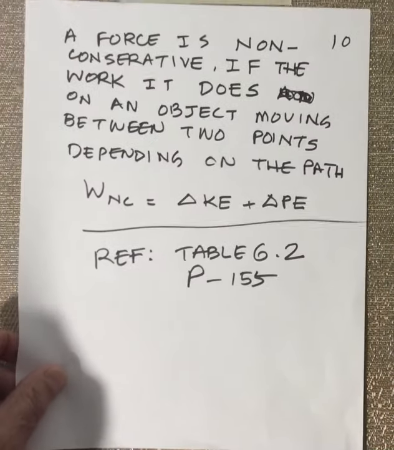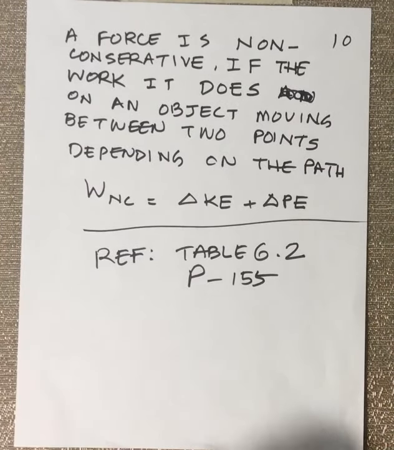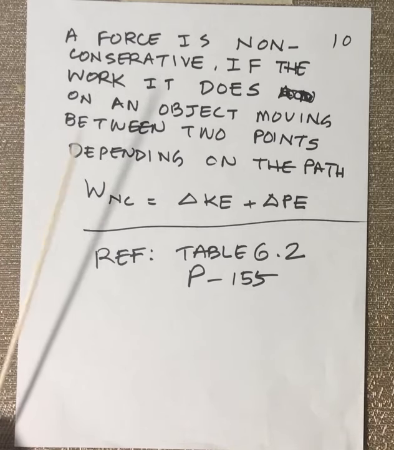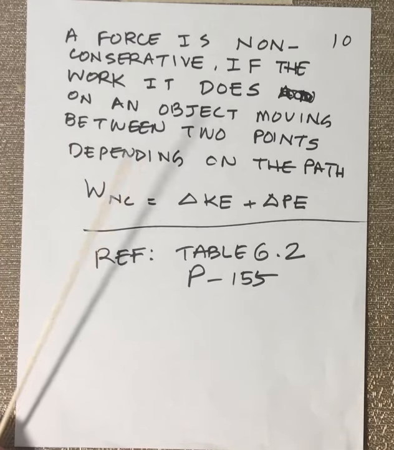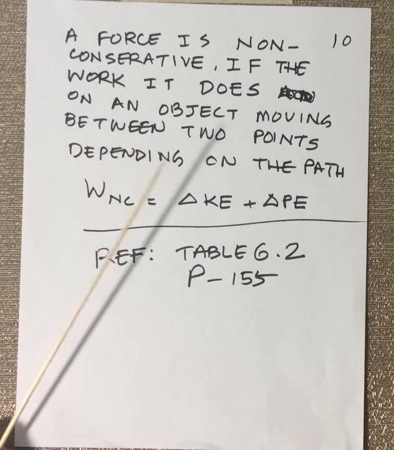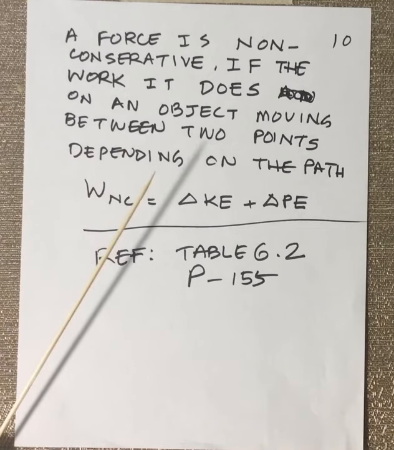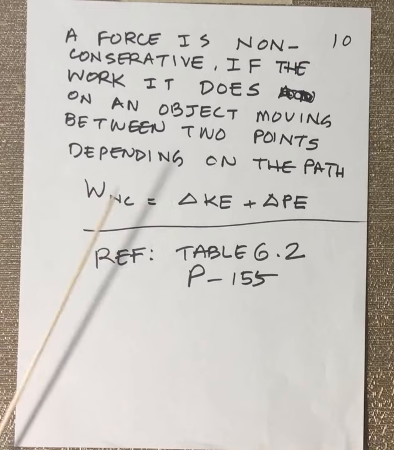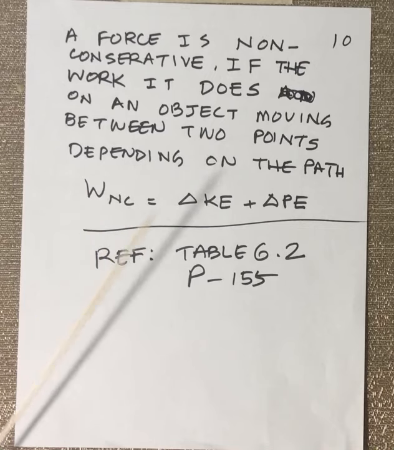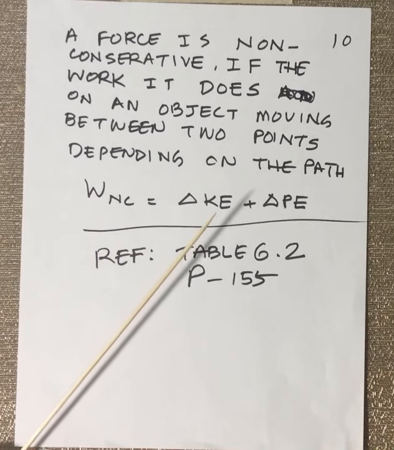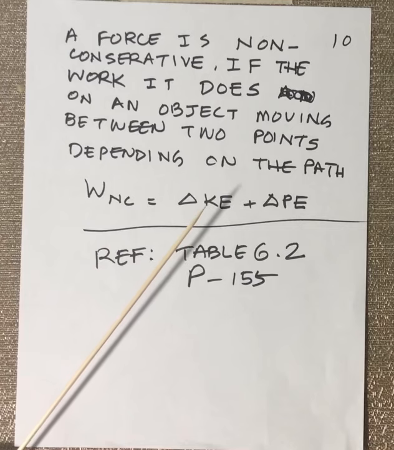And non-conservative force is totally different. Look at this. A force is non-conservative if the work it does on the object moving between two points depends on the path. So the work should be done between two points.